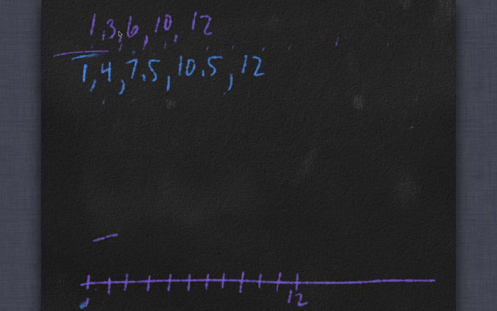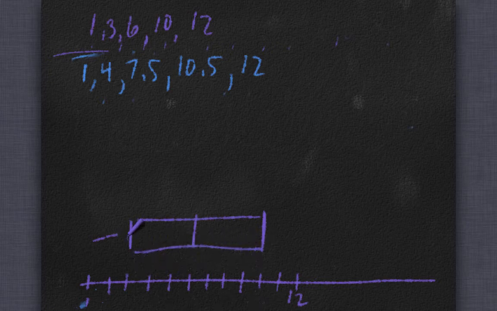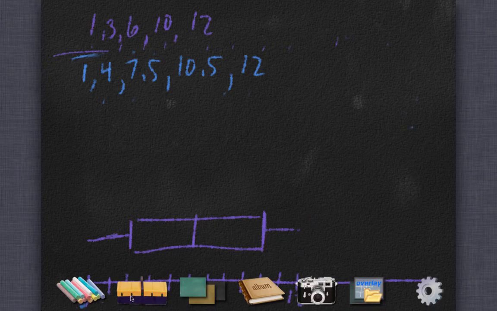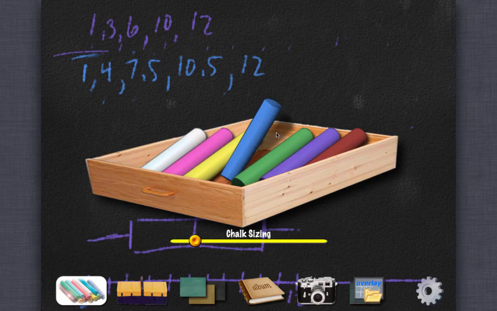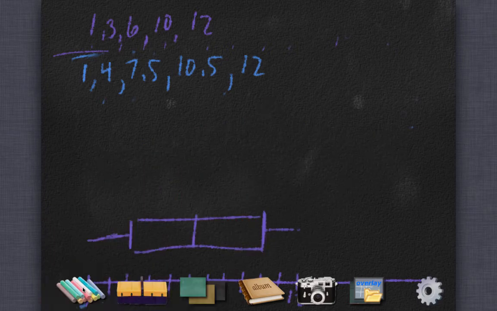What I normally do is go ahead and draw the lines for 3, 6, 10. And then make them into a box. And then go out from there to 1 and to 12. Okay, and then this one, 4, 7.5, 10.5.